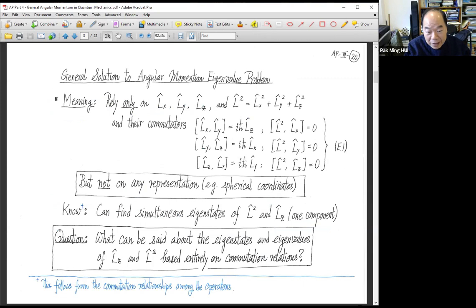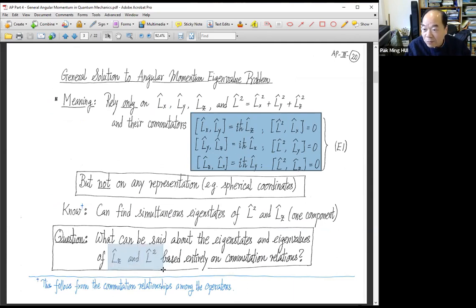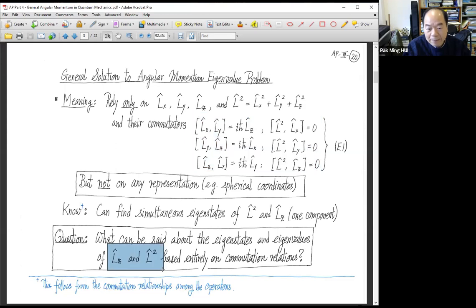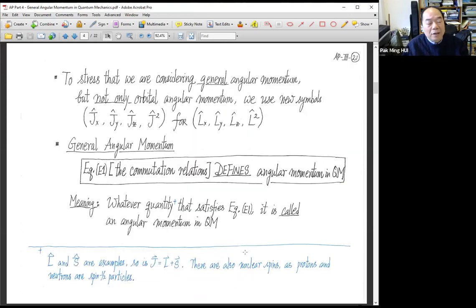So what I mean is the following. Let's take this as the definition of angular momentum, and then ask, for the simultaneous eigenstate of L square and Lz, what can we say? Because we want to do something general, we will use the symbols Jx, Jy, Jz, and J square instead of the orbital symbol L, just to make sure you understand our result will be general.